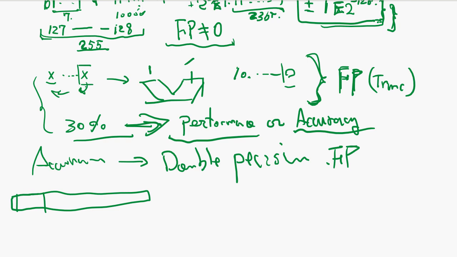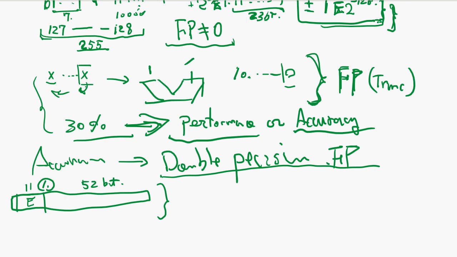This is 11 bits for the exponent, and you have 52 bits after the leading one. So this is super accurate. And in scientific calculation, when you need accuracy, you use a double precision floating point unit.